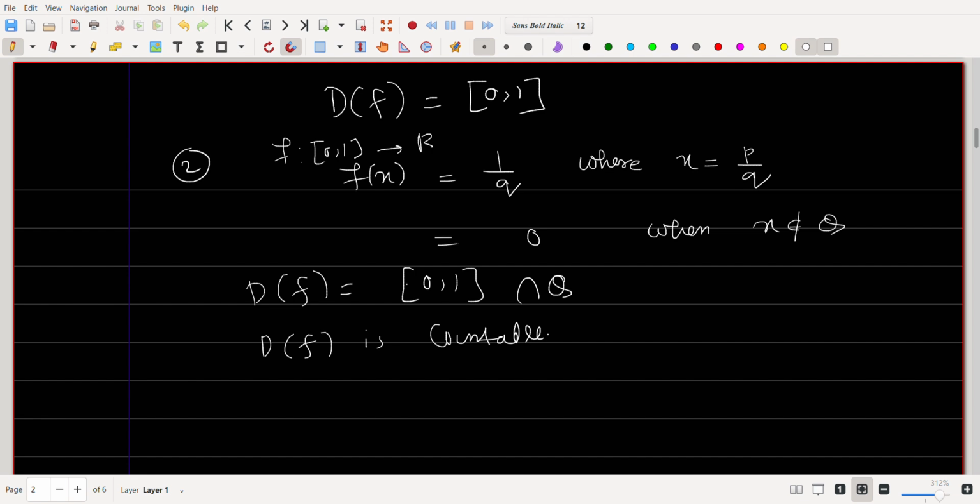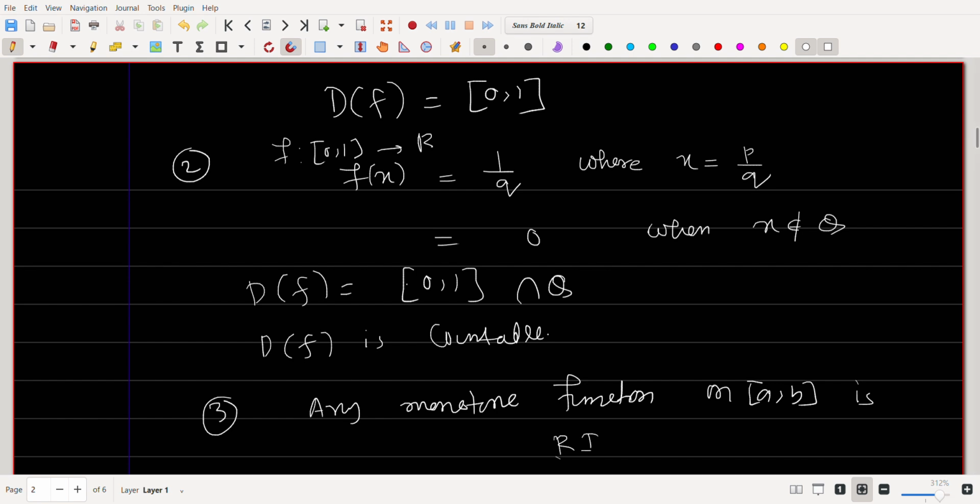Another very important result: you know that any monotone function on [a,b] is Riemann integrable, right?